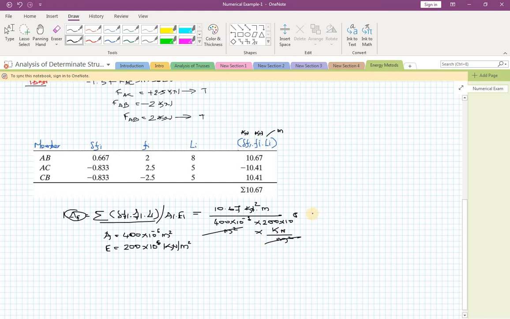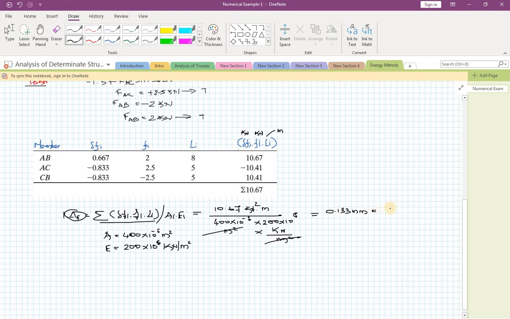And we will be having the value of delta F as 0.133 millimeters. So just let me write that, 0.133 millimeters.